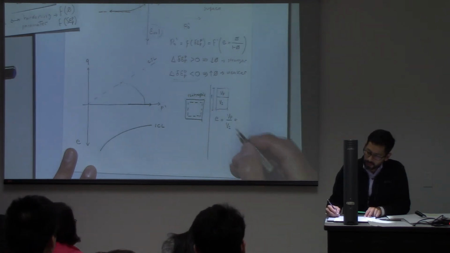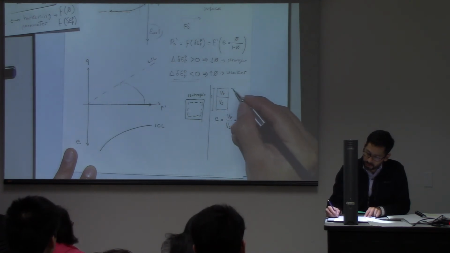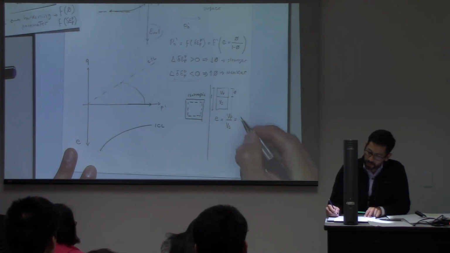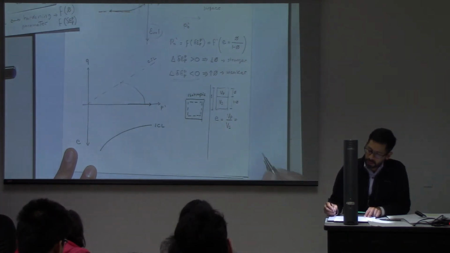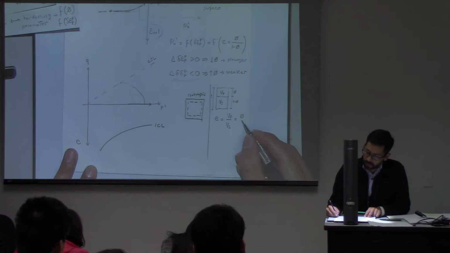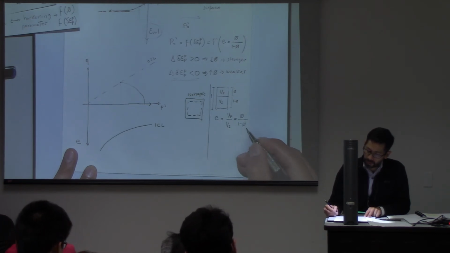And if the total is equal to 1, this one is equal to porosity, and this is 1 minus porosity. So the void ratio is equal to porosity divided by 1 minus porosity.